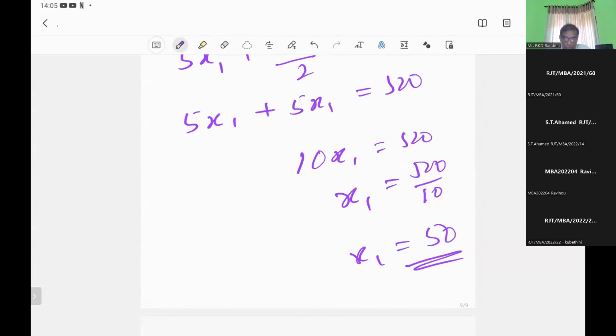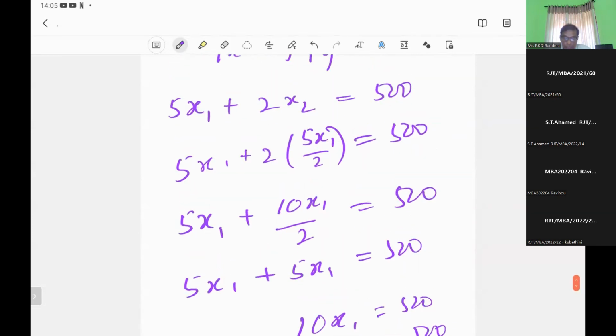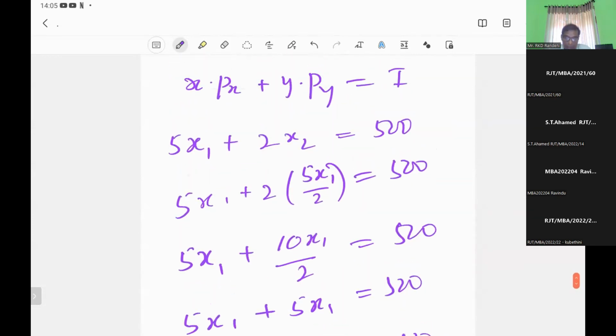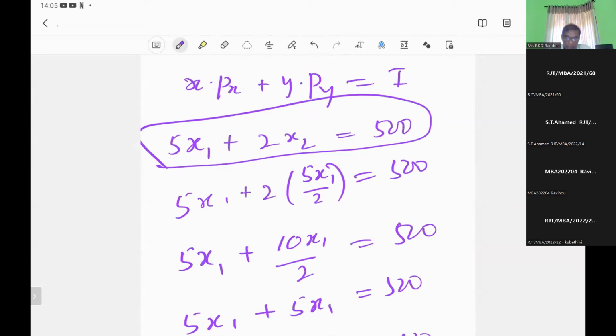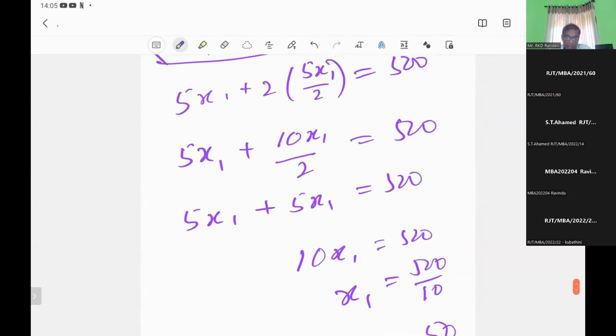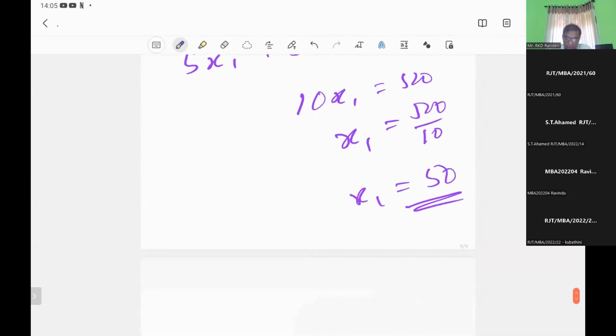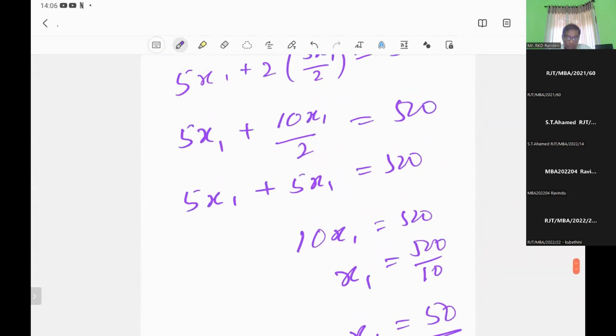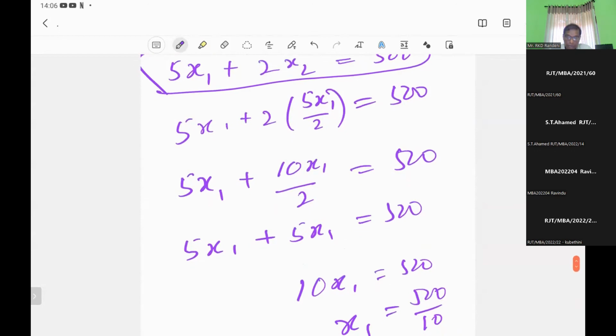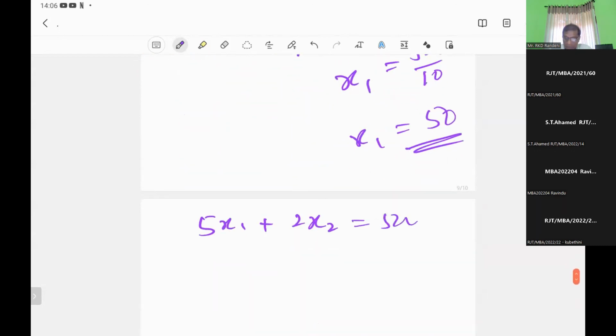Then x2. Again you can use 5x1 plus 2x2 equals 500.